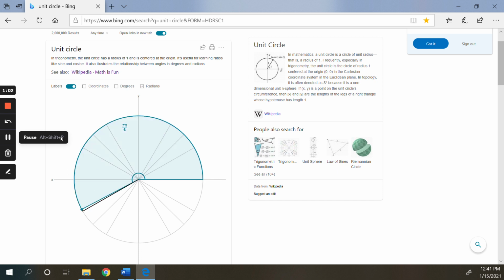And we can do multiple other lengths, so this would be 7 pi 6. Now, these length of arc measures are only good for the unit circle. And in a previous video where I talk about how to convert between degrees and radians, those radians are specifically on the unit circle and do not apply to other circles.